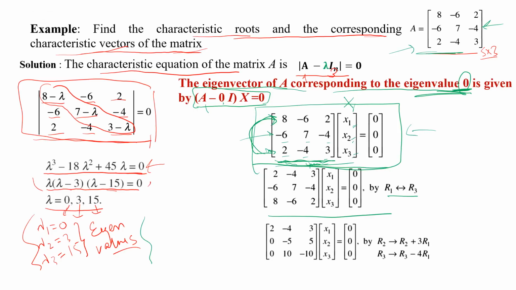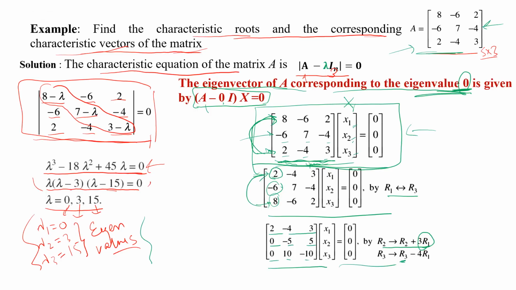Then with this matrix, this is called the pivot element or the leading element. By the help of that element, we make the elements below it 0. We apply r2 plus 3 times r1, and on r3 we apply r3 minus 4 times r1. So we obtain 2, minus 4, 3; 0, minus 5, 5; 0, 10, minus 10.